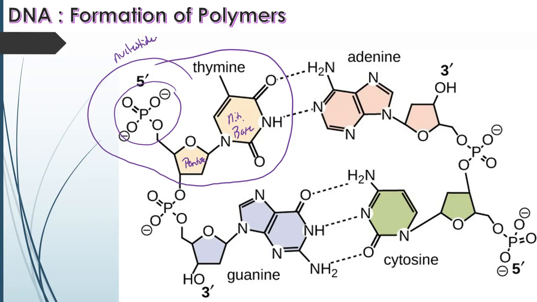Notice too, like we talked about, we have a pyrimidine, a single ring base, bonded to a purine. And remember, A and G make up our purines. It is a double ringed base, guanine and adenine, two ring base. Our pyrimidines are thymine and cytosine, just a single ringed base. We have a single and double bonded together, double and single. That helps to maintain this uniform width as we go through this DNA molecule.